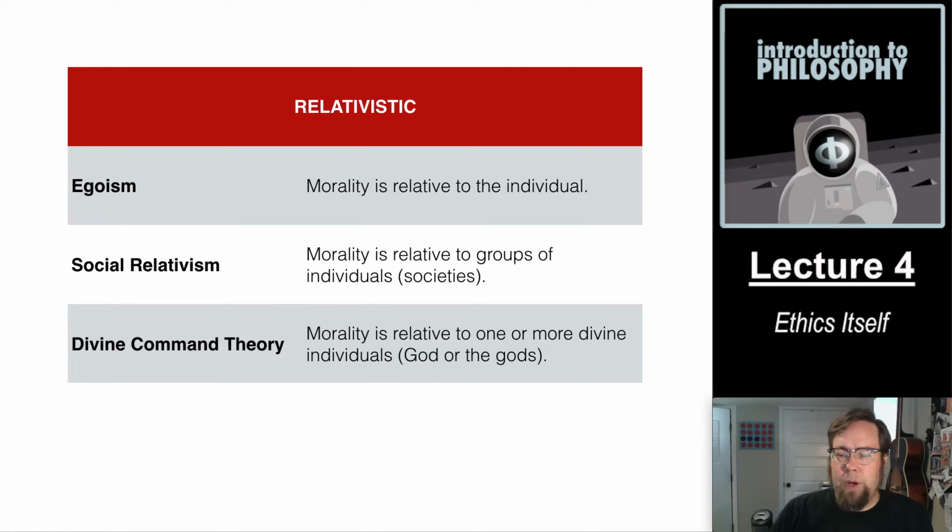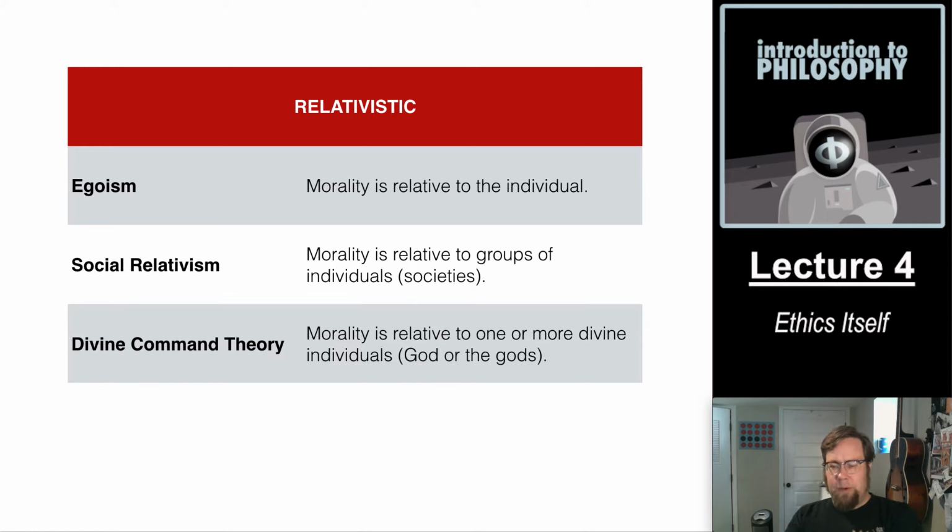Probably the weirdest thing to cram into the relativistic box is divine command theory. A lot of people talk about these ethical theories in terms of what's universal to humans versus what varies across humans. And with divine command theory, at least as humans go, we have an allegedly universal approach to ethics.